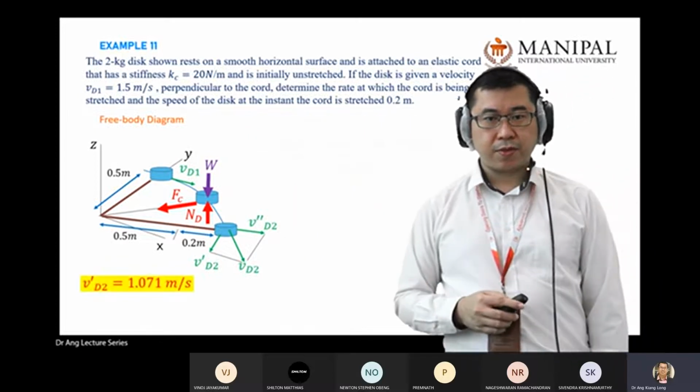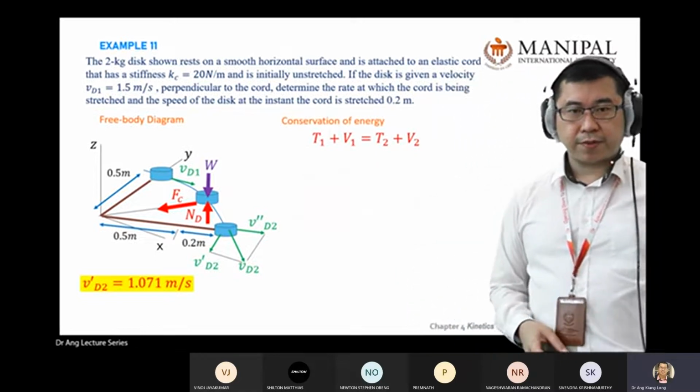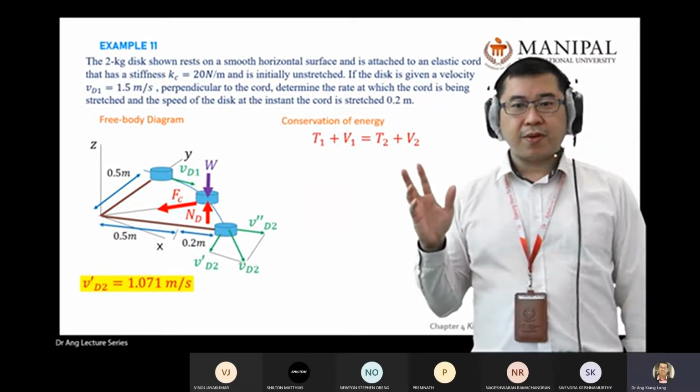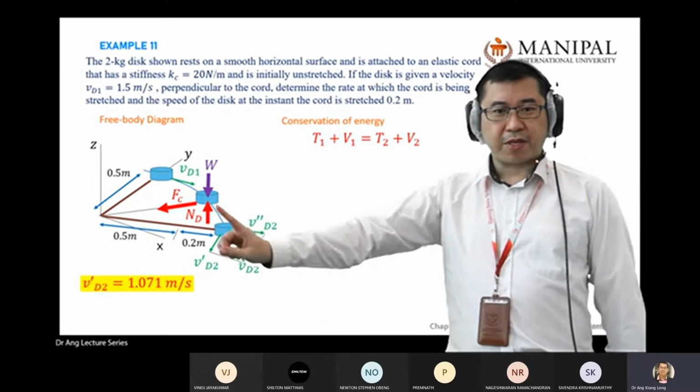Next, you use conservation of energy. Why do we use conservation of energy? Because we have a spring force here.